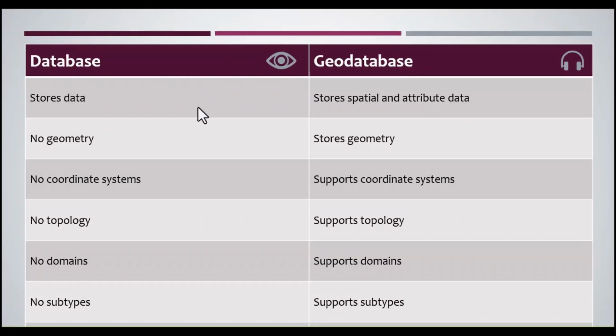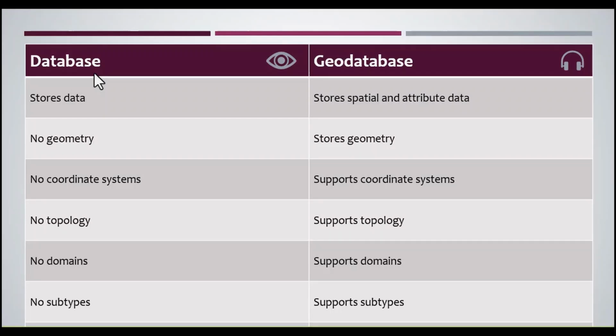So we're going to look at the database versus the geodatabase. Database stores data. Geodatabase stores spatial and attribute data. Database has no geometry. Geodatabase has geometry. Database has no coordinate system. Geodatabase supports coordinate systems.